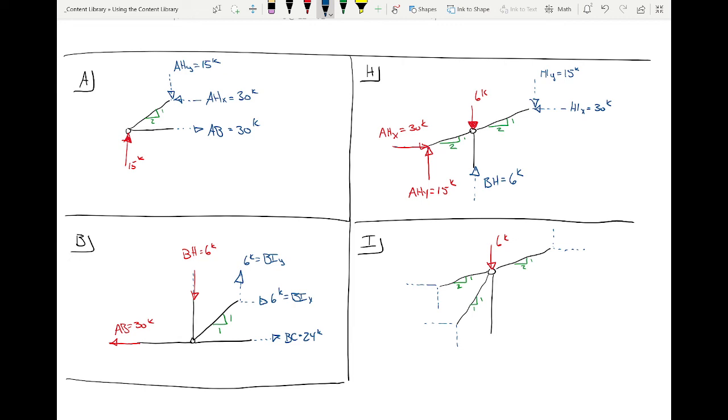So, and that's because that's HIX and HIY. Now, is there another member that I know? This one. What are its values? Tension or compression? There you go.